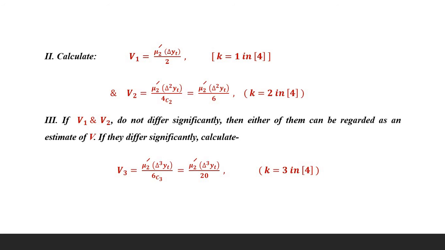And if V1 and V2 do not differ significantly, then either of them can be regarded as an estimate of V. If they differ significantly, then we have to go for calculating V3, which is equal to mu 2 dash of delta 3 yt divided by 6C3, which is nothing but mu 2 dash delta cube yt divided by 20 when k is equal to 3.